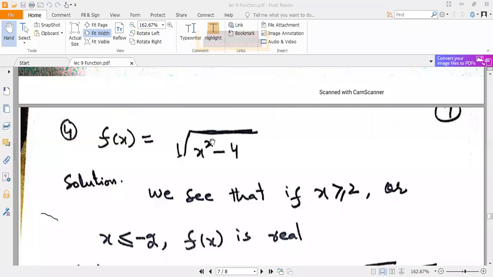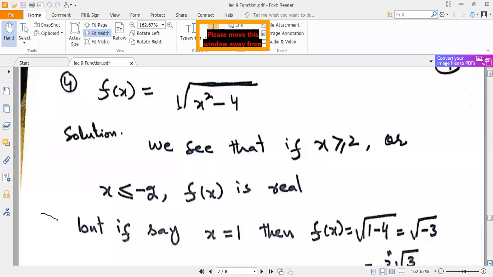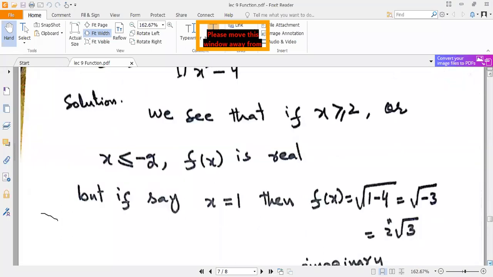Again, if you put 3, that means 9, this is also okay. If x is less than or equal to minus 2, then f of x is real. But if we say x equal to 1, then what do we get? Radical minus 3. Radical minus 3 means minus 1 into radical 3, and radical minus 1 is iota. So it is iota times radical 3.